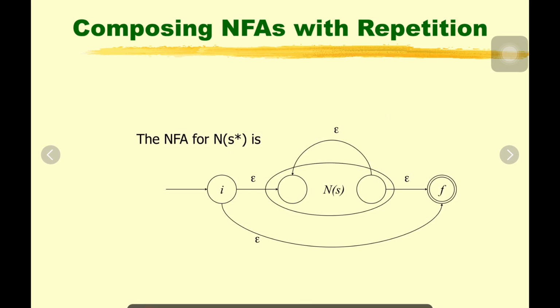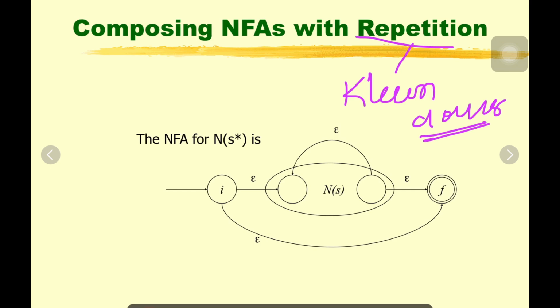There is a repetition that is also called the Kleene closure. In N of S star, without taking any input, it can go to the final state. Suppose there is no input, it will be epsilon, it will go directly to the final state.